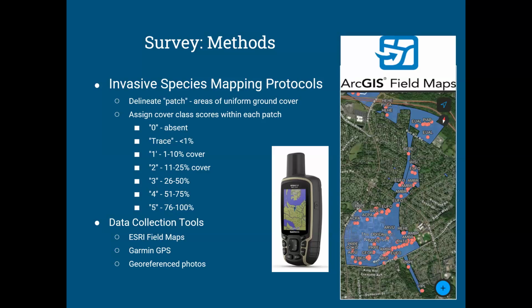And we use Field Maps, a GIS tool from the company Esri, and that goes along with a desktop GIS program. We often are using GPS, Garmin GPS, any kind of solid, real GPS units. And I mentioned all those photos, that every one of them is geo-referenced, so we know where they were.